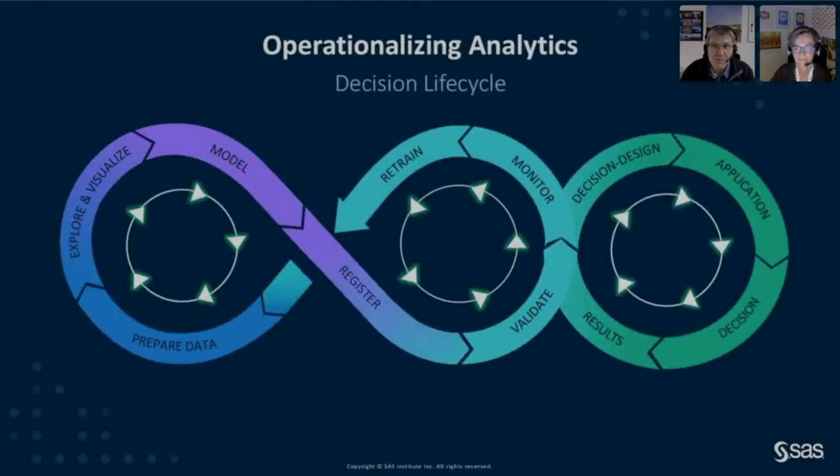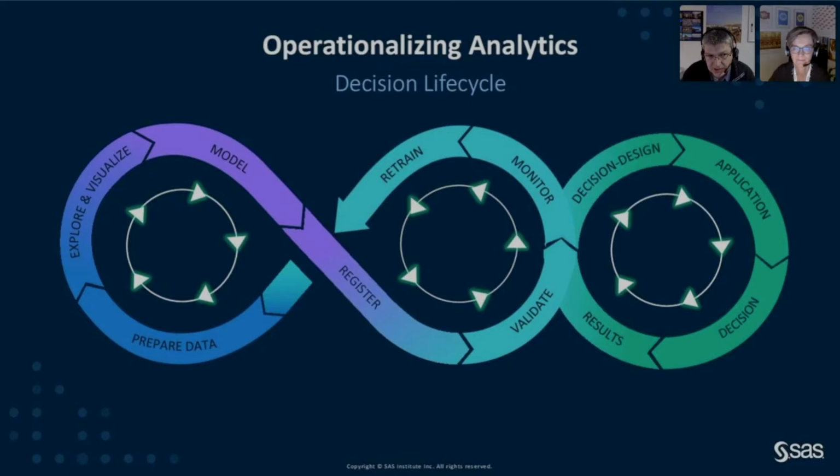I'm pretty sure you have seen a picture like this before. It's quite a common way of describing the way that model development and publishing works. We call that the decision life cycle. You start from the outer left and go through the steps you can see here.